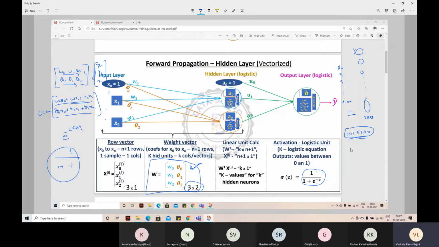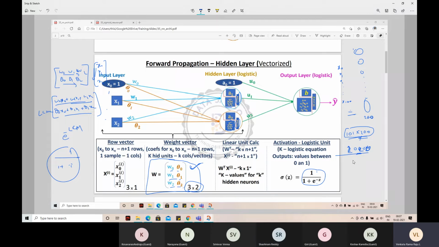100 into 200 is around 20,000 numbers, actually 20,200. They are all floats, because they are decimal numbers.